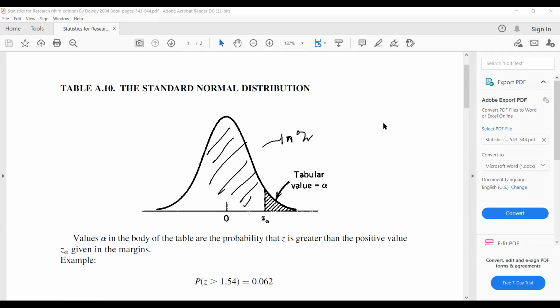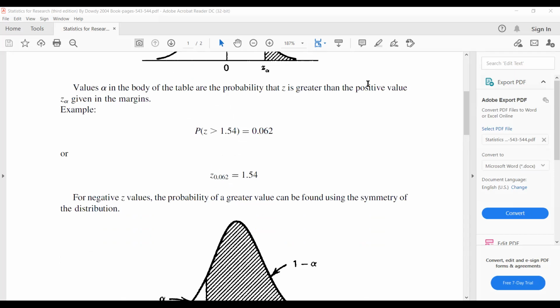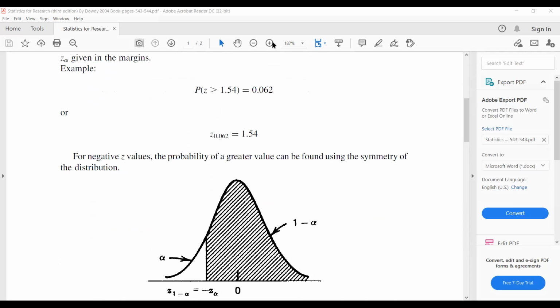So for example, the probability that Z is greater than 1.54 is equal to 0.062.